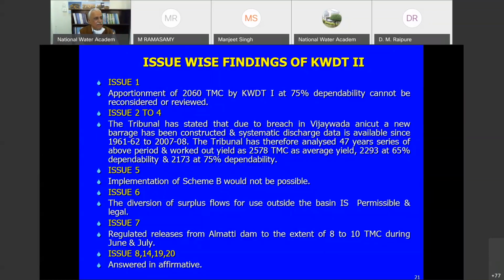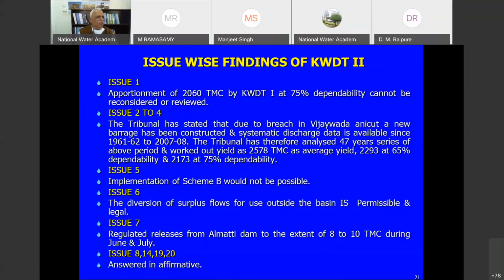And within the utilizations, Maharashtra and Karnataka's utilizations are not to the extent permitted by KWDT 1, while the state of Andhra Pradesh was claiming that whatever has not been utilized beyond 2000 should be redistributed. So he has stated that, considering these balanced utilizations, the capacity which will be utilized in coming years would reach a figure of 2,344 TMC.